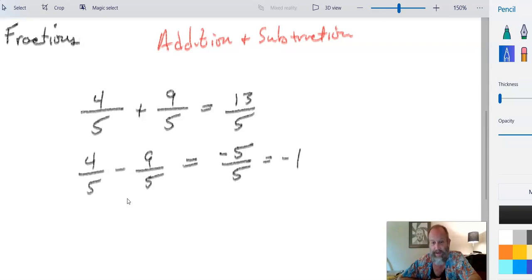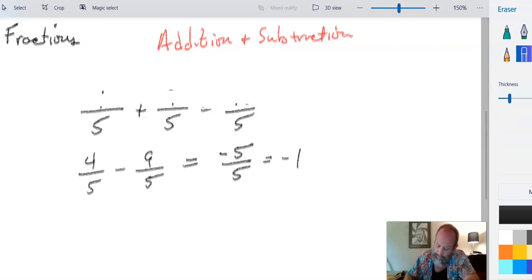A negative divided by a positive makes it negative, and then the number divided by itself gives you the 1. So after you do the addition, you are still expected to reduce it after you're done. Okay, now, well, that's just not as efficient, is it?